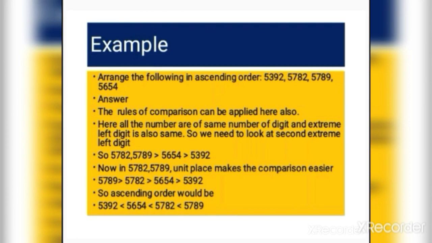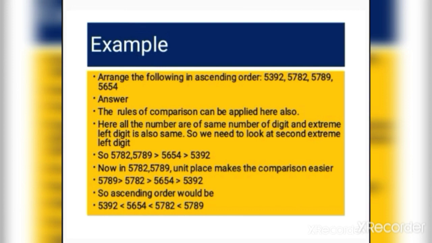In 5782 we have 7, and in 5789 we have 7. By observing the second digit from the left side, we can easily know which is the greater number and which is the smaller number.